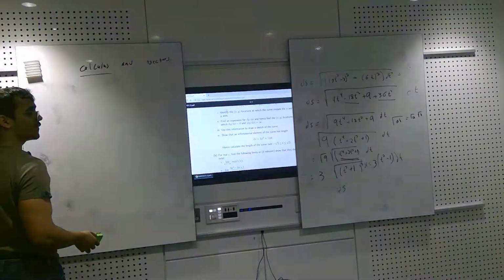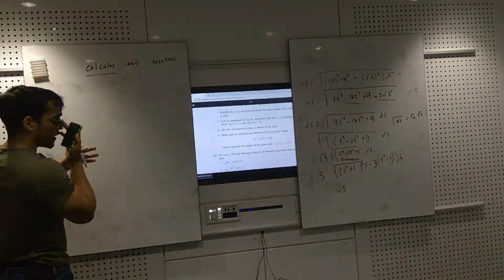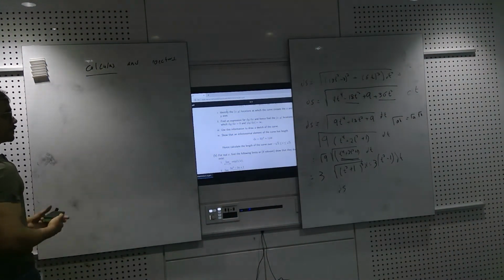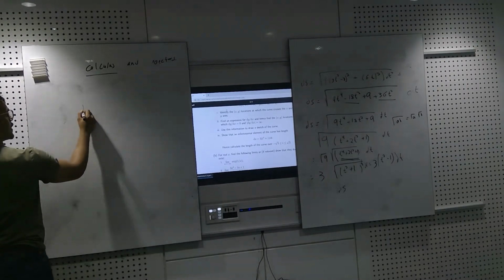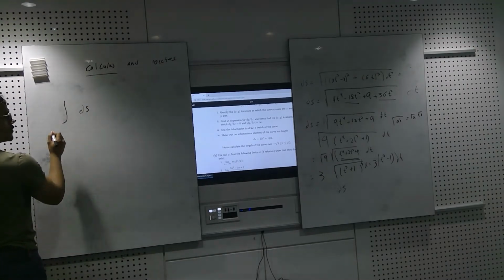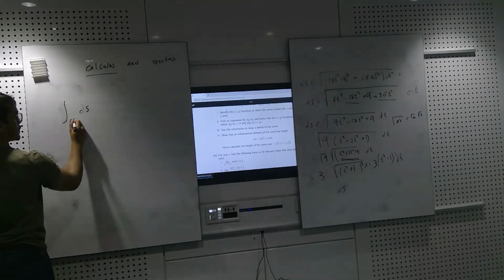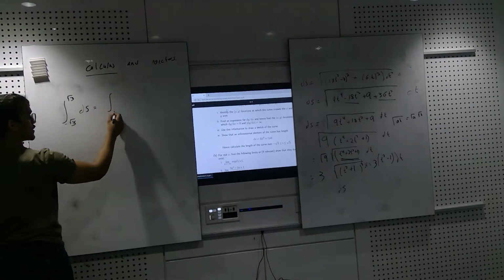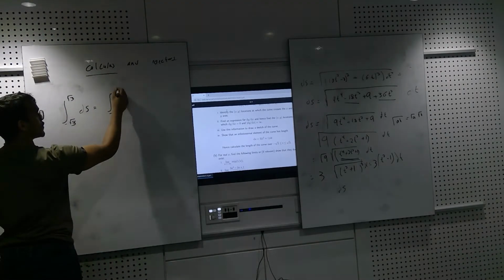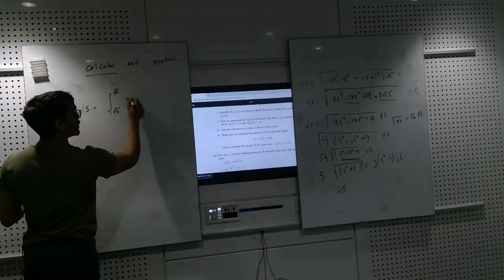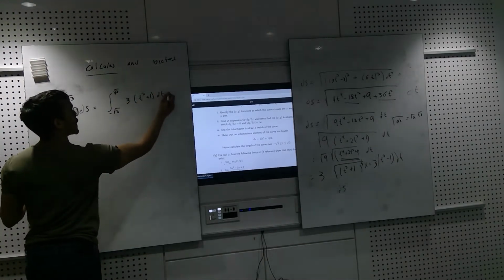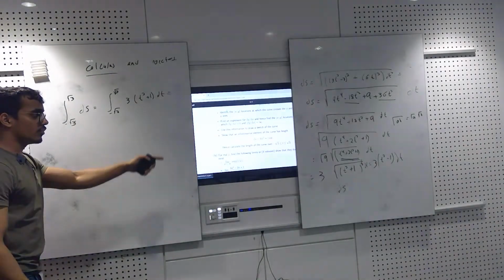So the last thing is you want to find the length, the infinitesimal element of the curve. So we get ds and integrate it from negative square root of 3 to square root of 3, and ds is just 3 times t squared plus 1 dt, and this one will give us the solution for this one.